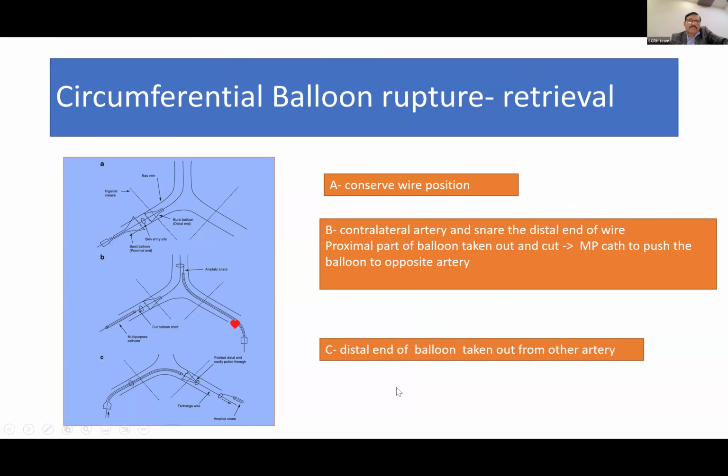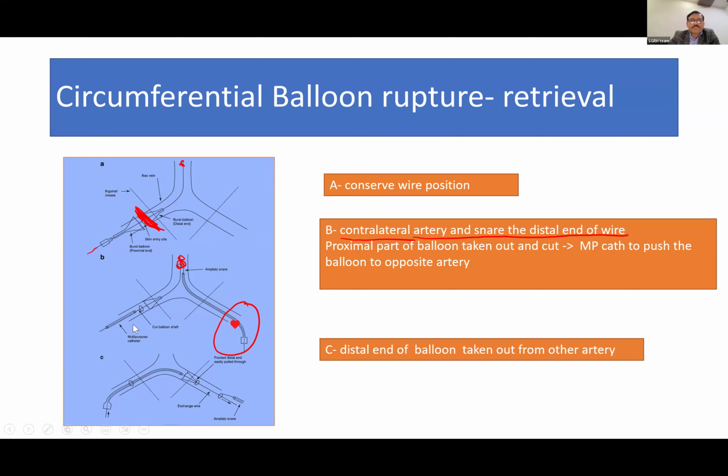So this is circumferential balloon rupture. To retrieve the circumferential balloons, let's see, we're going through one artery. This is circumferential rupture of the balloon. What do we do? Snare this wire. Go through the contralateral artery and snare the distal end of the wire. Then the proximal part is taken out and cut.